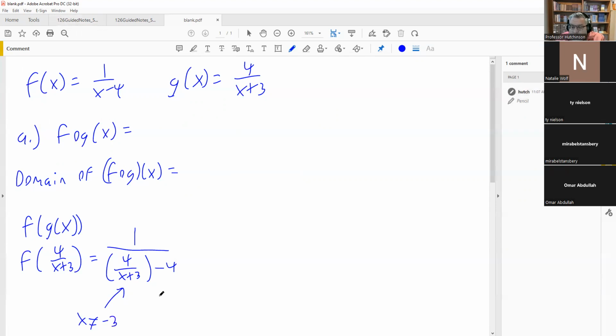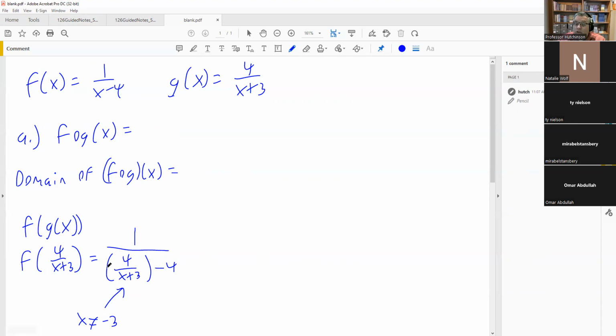The reason is that negative 3 would cause this in the first step to be 0. So I already know that when I do my domain a little bit later, one number I have to exclude from my domain is negative 3. That's because putting in negative 3 would cause division by 0.